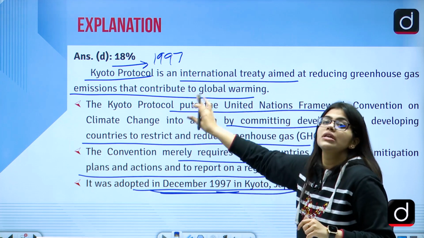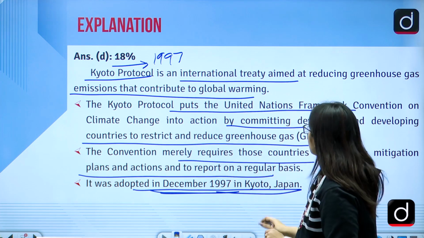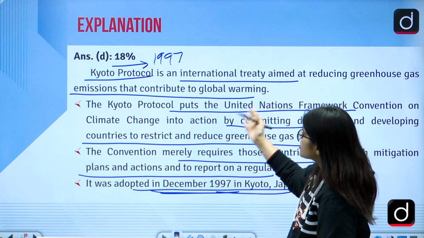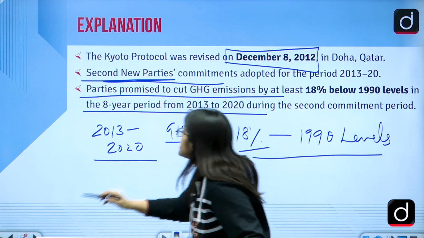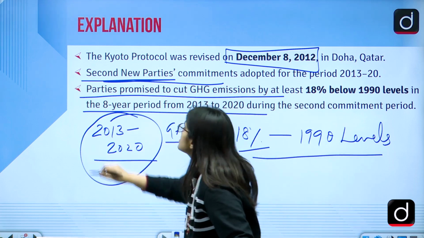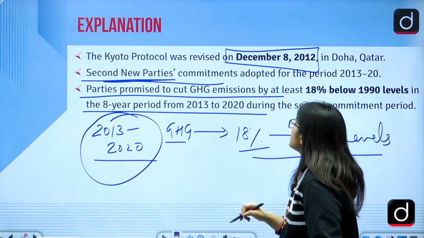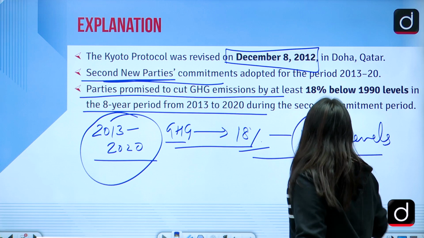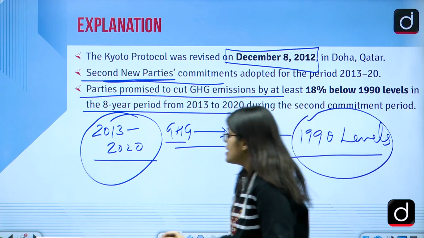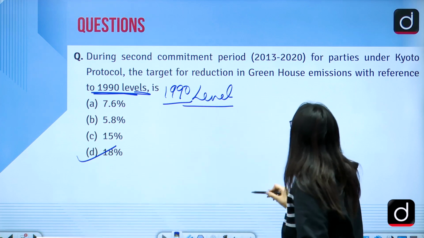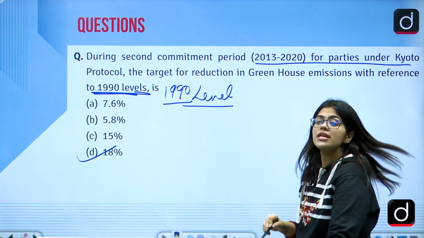This is COP 3, and here we are saying that we will reduce the emission of greenhouse gases, and it was not duly met, so they extended the time period from 2013 to 2020. The greenhouse gas emission, they said, would be 18% lower, and they would compare it to the 1990 level.